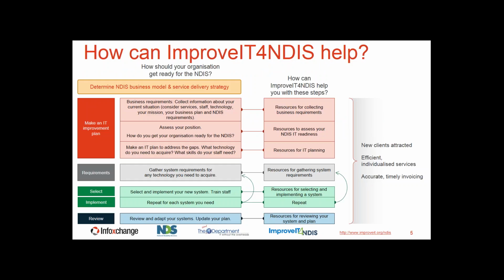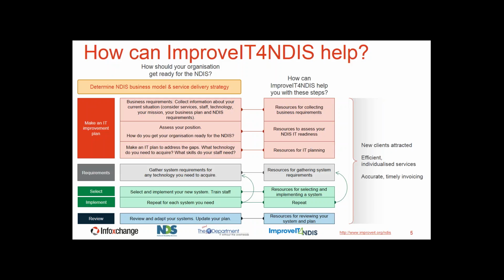So what we've done is we've designed the ImproveIT4NDS program to help your organisation get ready for operating and thriving in an NDIS environment. Once you have a business model and service delivery strategy so that you can operate effectively under the NDIS, that's when you need to start thinking about your technology.